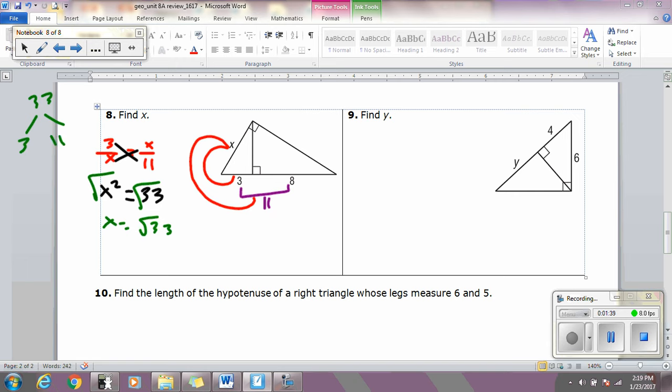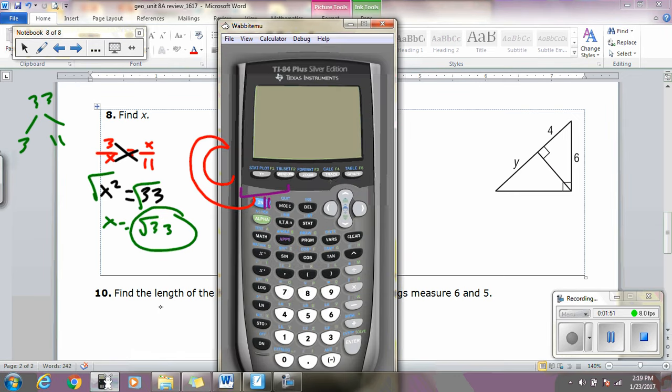Neither one of them are pairs or twins. So square root of 33 is as simple as it'll go. So that's your exact answer. Grab our calculator to approximate, and you get about 5.7.